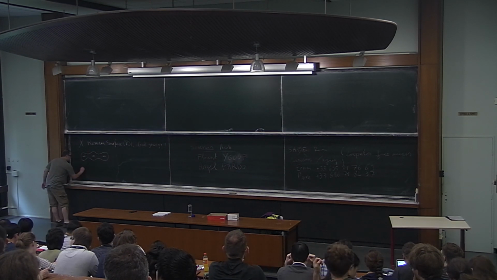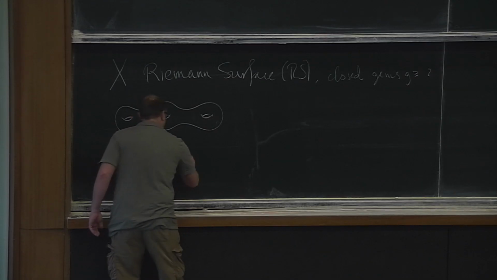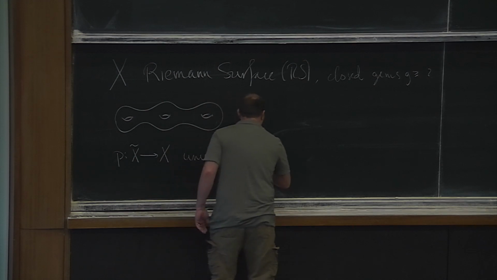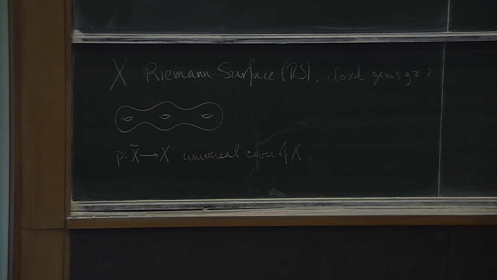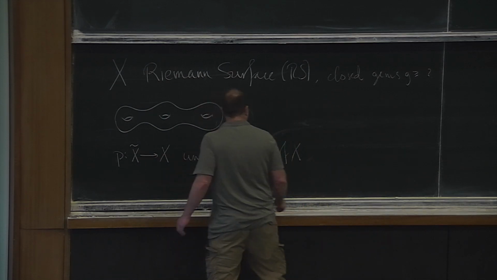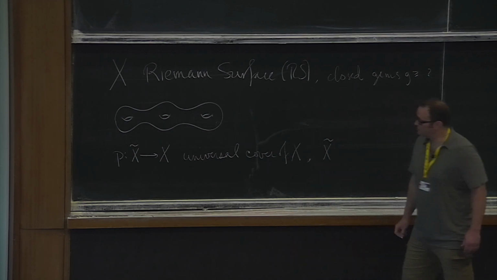let me write the universal cover of X. This is the simply connected covering space. The complex structure on X lifts to a complex structure on X tilde, so that this map p is a holomorphic map.